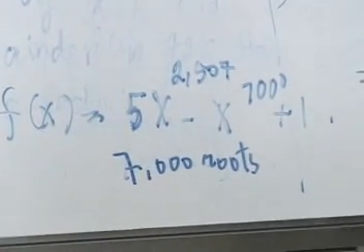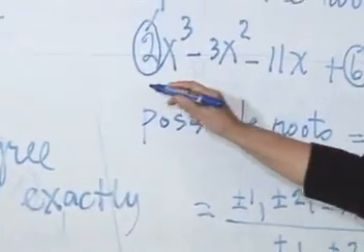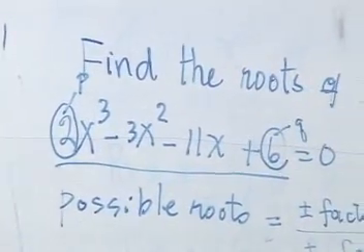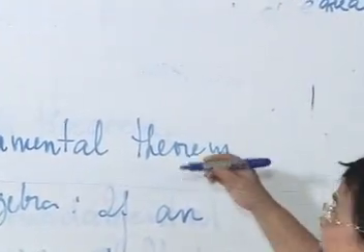Now, going back to our problem, f of x equal to 2x cubed minus 3x squared and so on, this is of degree 3.